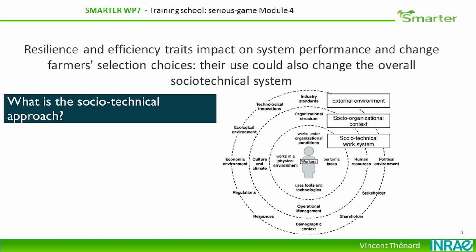That means the butchers can't cut this specific type of meat, etc., etc. And this locking is characteristic of the socio-technical approach.